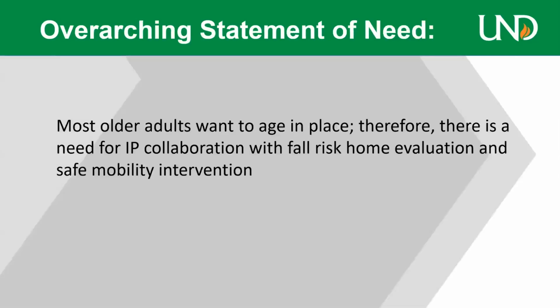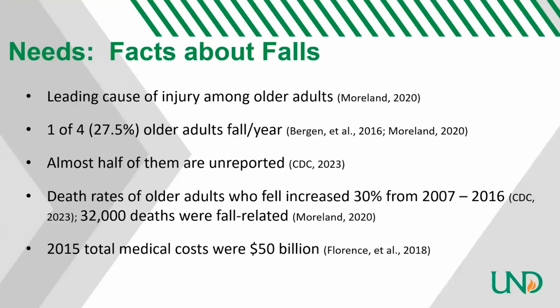So our overarching statement of need for this particular presentation is that, and Rebecca, you said it so well, this is such an important topic, and it's because of this. Most older adults want to age in place. Therefore, there is a need for interprofessional collaboration with fall risk home evaluation and safe mobility interventions. So quickly, a few facts about falls.